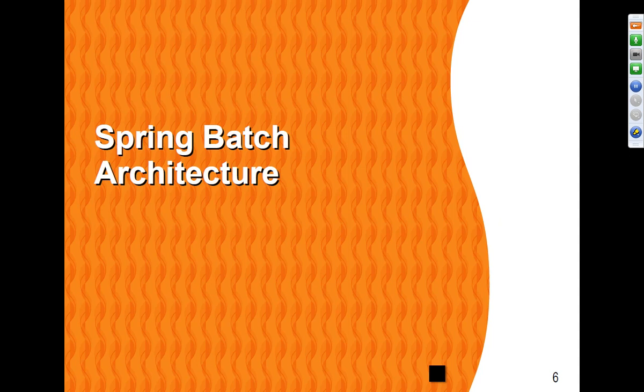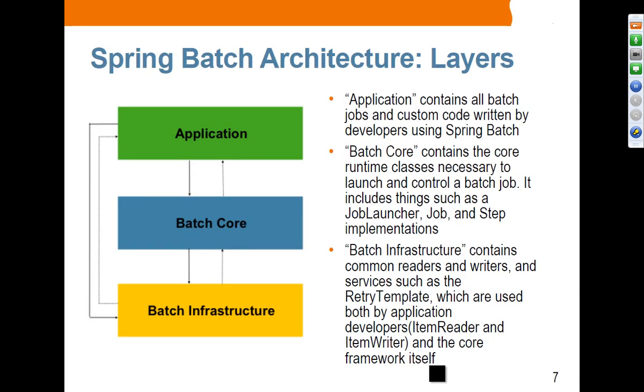From the architectural standpoint, there is the application layer, the batch core layer, and the batch infrastructure layer. Of course, the application is your Spring Batch application. Batch core contains core runtime classes for launching and controlling a batch job. That includes the job launcher class, job class, step class, and their implementations.